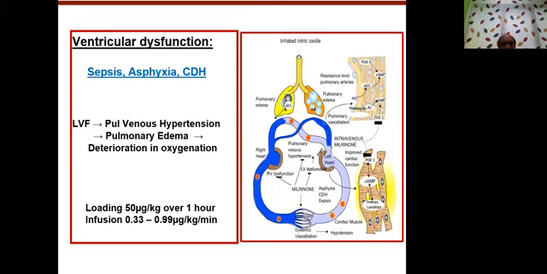Currently, what they recommend is whenever there is ventricular dysfunction with PPHN, which we commonly see in sepsis, asphyxia, or congenital diaphragmatic hernia, in those conditions you can probably use it, provided you have a good systemic SVR. If the SVR is low and the blood pressure is low, be careful using milrinone. The loading dose is 50 mics per kg over 1 hour, and we generally infuse 0.33 to 0.99 mics per kg per minute as a continuous infusion.